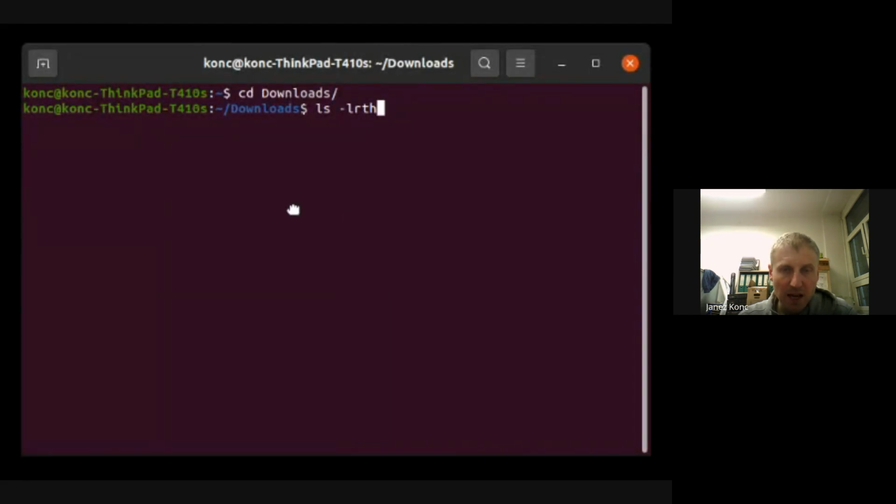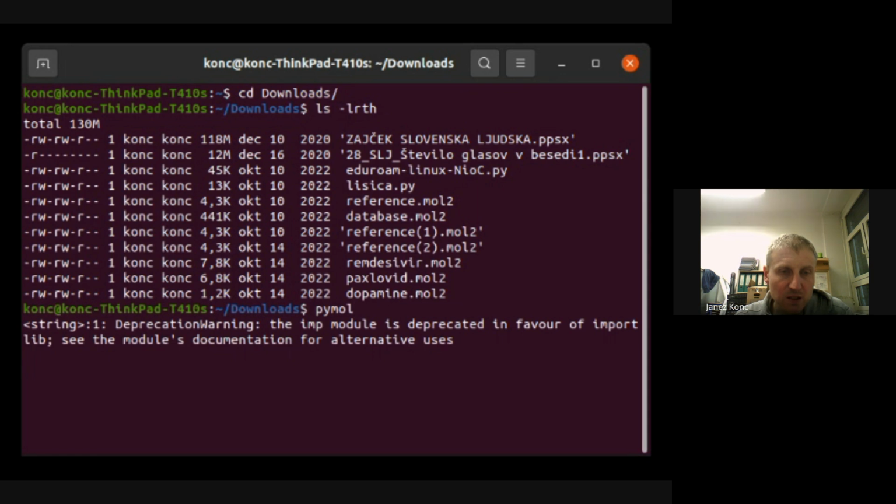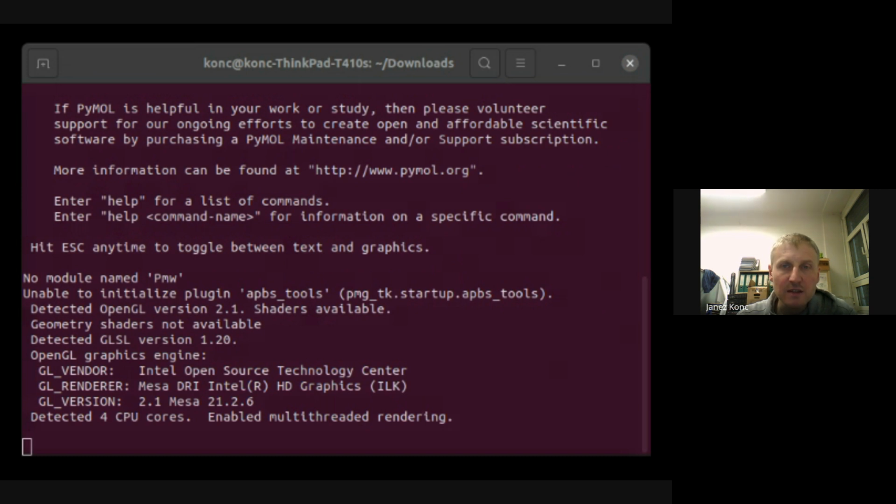I have already a couple of drugs in this terminal, and I'm going to start the PyMOL program, which I don't know if you will be able to see. Otherwise, you cannot, so I'll just make another different sharing.